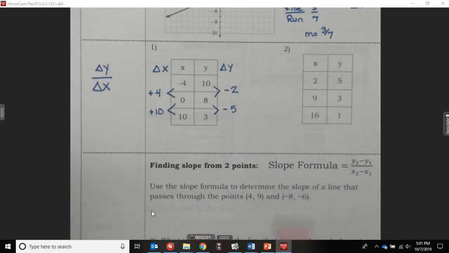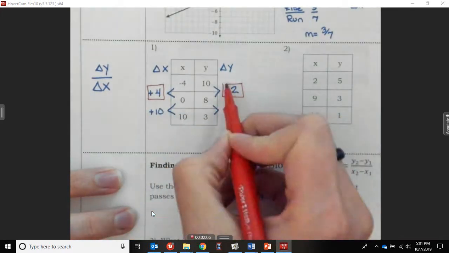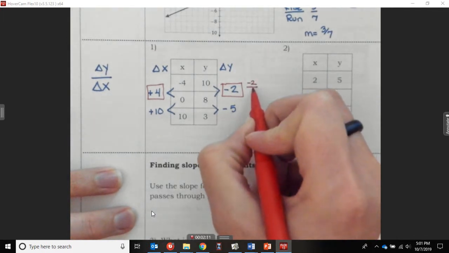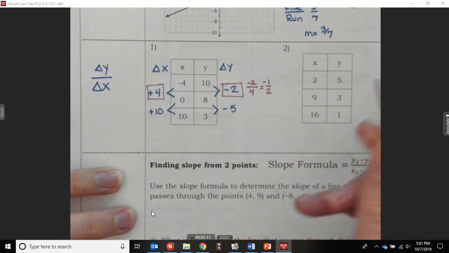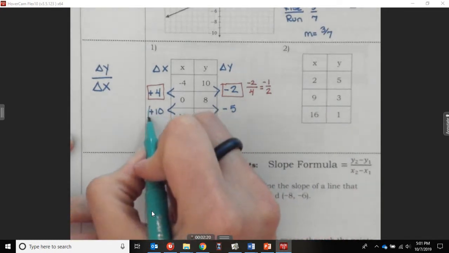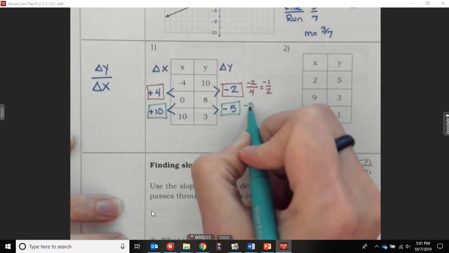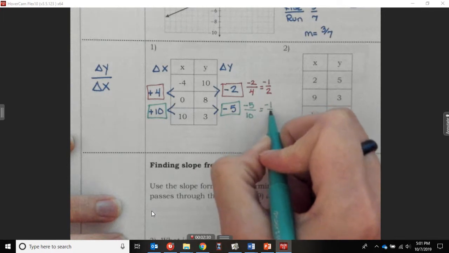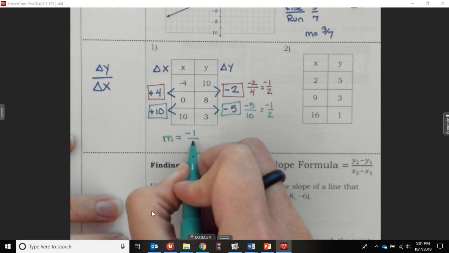So if I look here at just this change in y and just this change in x, my change in y is -2 over my change in x, which is 4, and that simplifies to -1/2. And then if I look specifically at just this 10 and the -5, my change in y is -5 over my change in x, which is 10, that simplifies also to -1/2. So my slope for this table is -1/2.